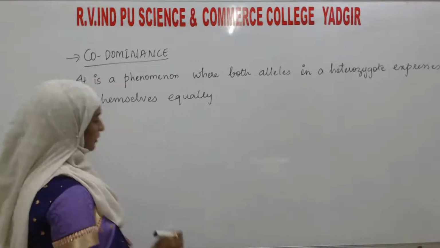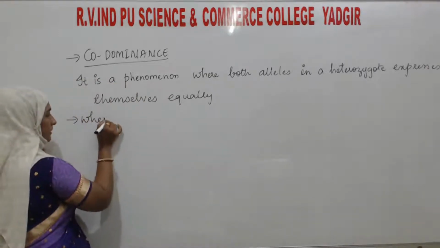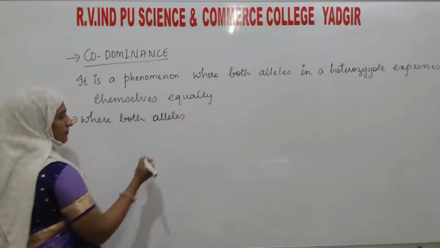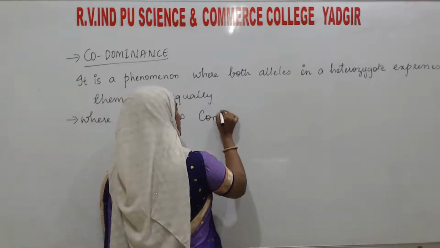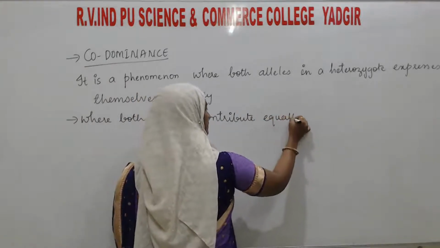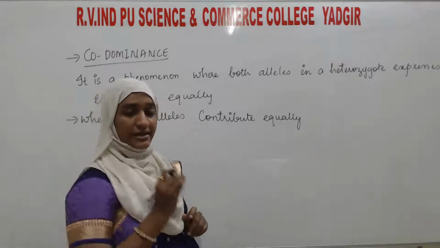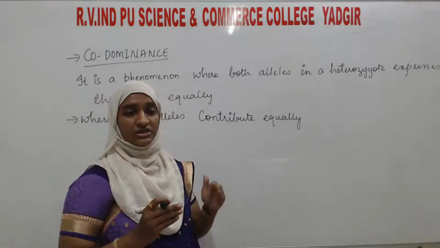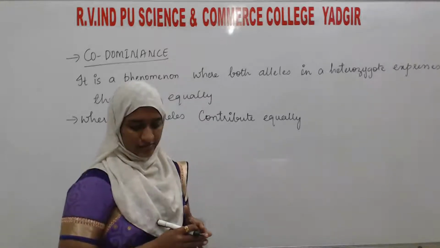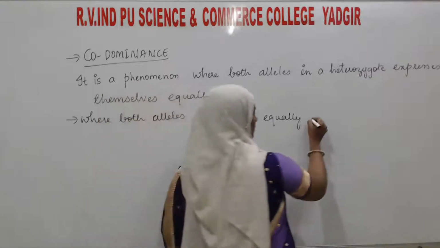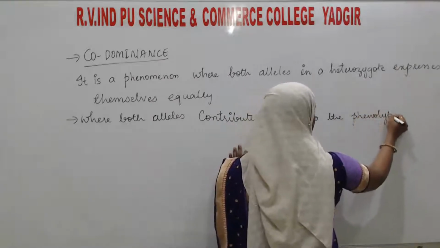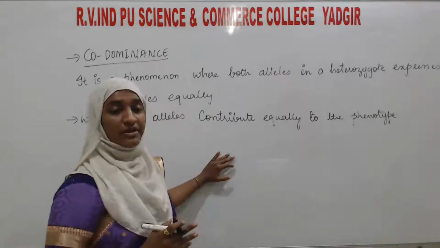Both alleles contribute equally means that in a heterozygote condition, either it is the dominant gene or the recessive gene, they both are going to express their character equally to the phenotype. To the phenotype means to the character. Okay, this is happening where?